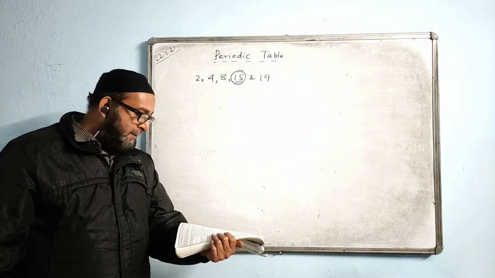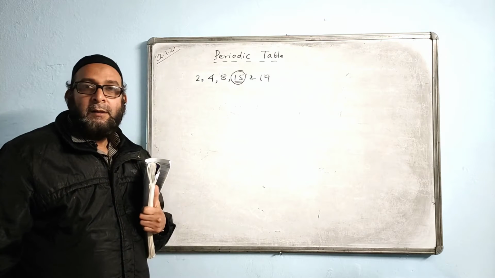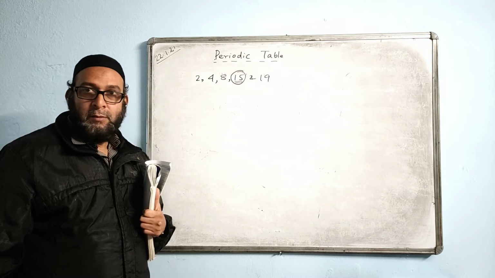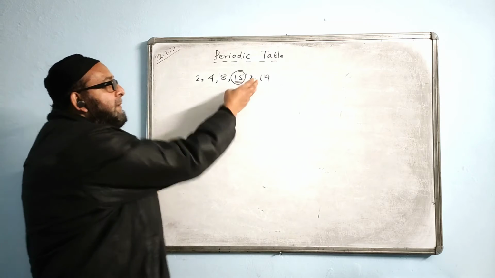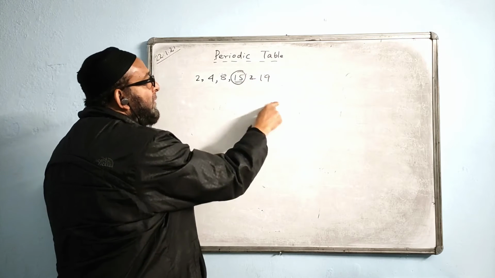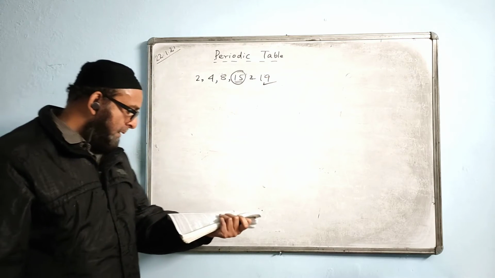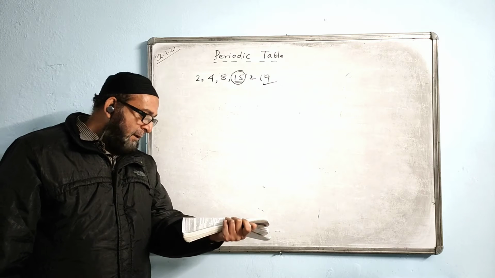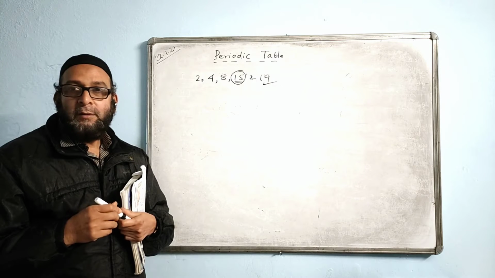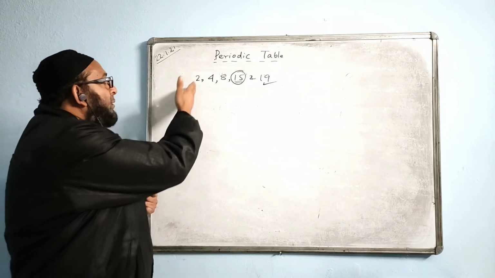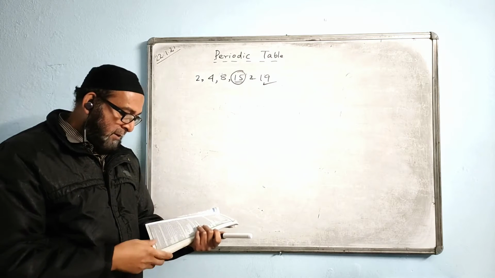Next one, a metal of valency 1. Which metal has got valency 1 here? 19, because this is 2, 8, 8, 1. The last orbit has got 1 electron, so it is a metal with valency 1. 19 is the answer for this. Yes, correct. Next, a gaseous element with valency 2. Helium is an inert gas, its valency is 0.